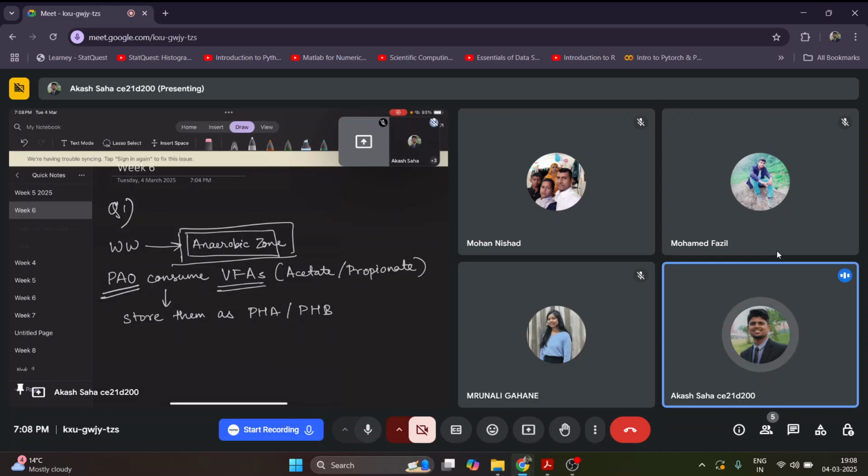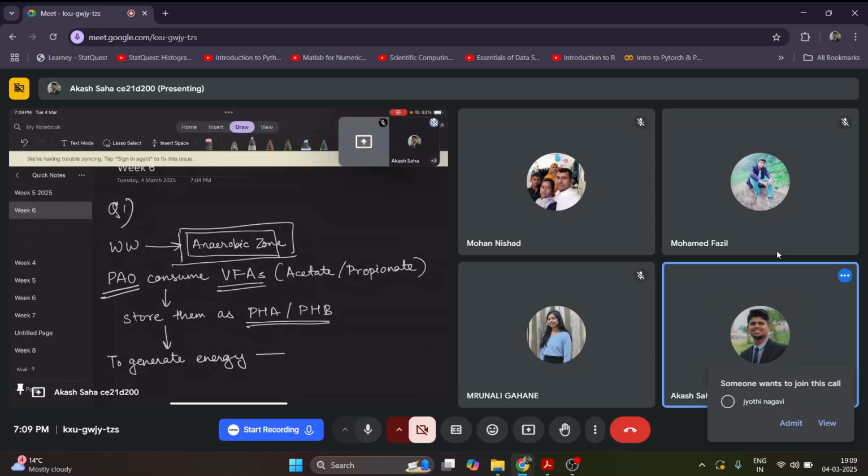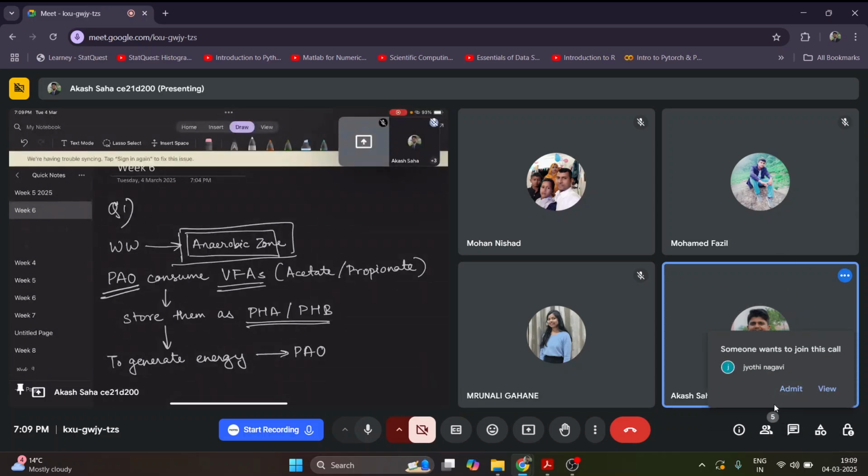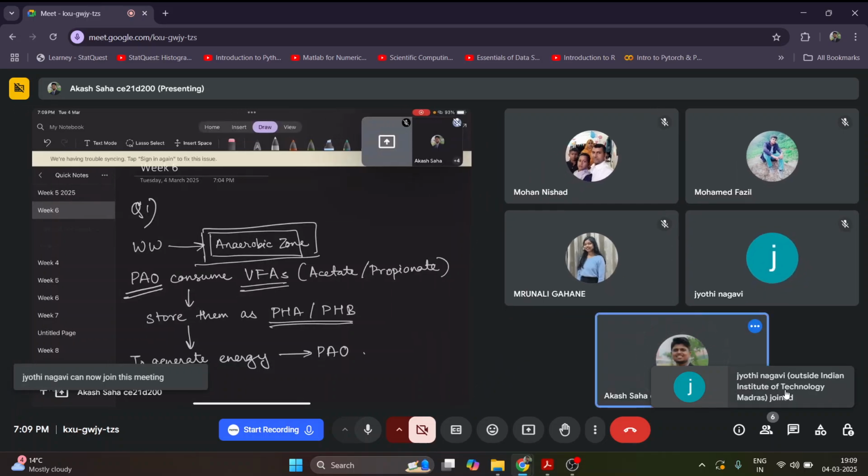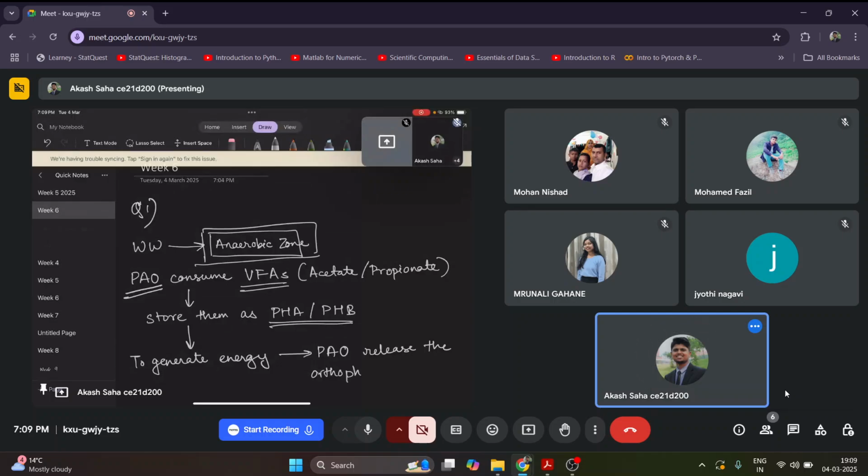To store them as PHA or PHV, we need some energy, right? To generate energy, this PAO will release orthophosphate in the liquid phase.